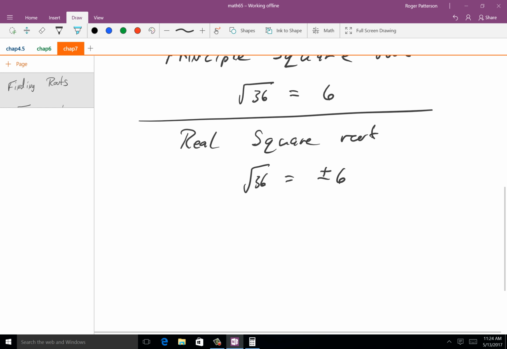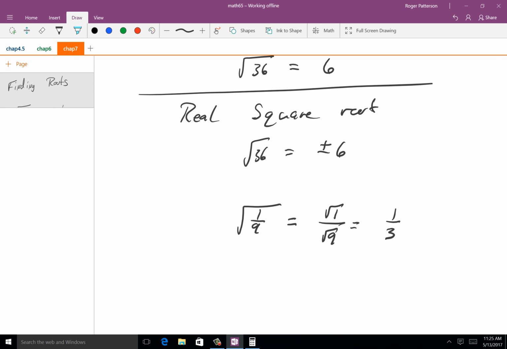But sometimes it's just as easy to do without a calculator. For example, we have the square root of 1/9. In this case, you're just going to take the square root of 1, then take the square root of 9. In some cases, they're perfect squares and they're pretty simple, so you can just figure them out.